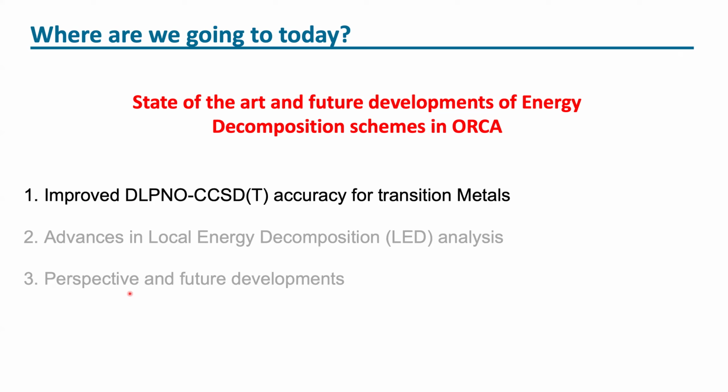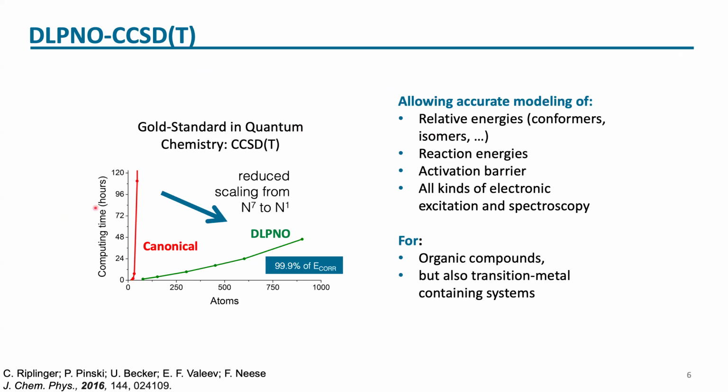So, what's new with DLPNO coupled cluster? I believe everyone here is familiar with the methodology, so I won't discuss any detail, but I would like to recap briefly that this is a local correlation variant of CCSD(T), which enables the calculation of coupled cluster energies and properties for systems with hundreds of atoms, because it is linear scaling or near linear scaling depending on the system.